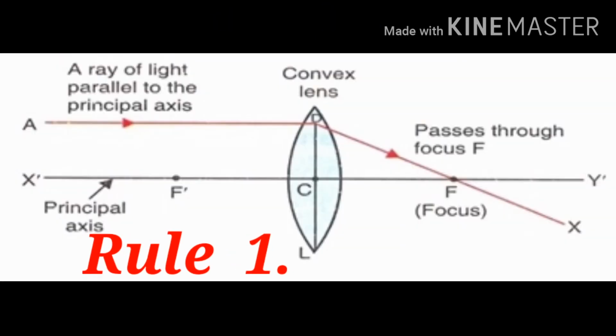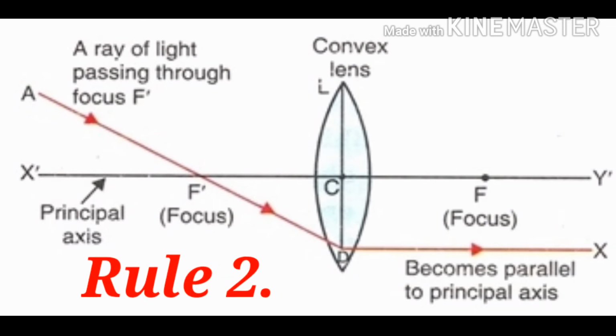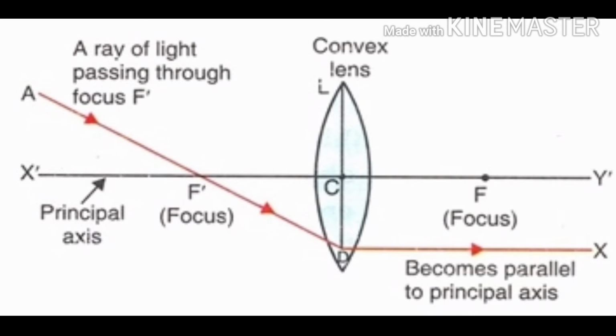Rule number 1: when the incident ray is parallel to the principal axis, the refracted ray passes through the principal focus. Rule number 2: when the incident ray passes through the principal focus, the refracted ray is parallel to the principal axis.